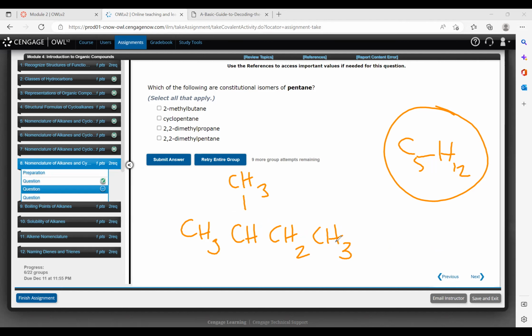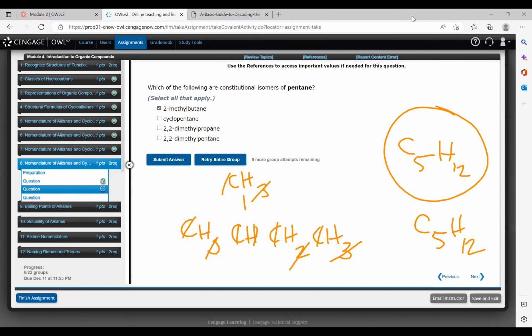And then the 2-methyl tells us that we have this guy on our second carbon. So now we want to count it out. We have 1, 2, 3, 4, 5 carbons. And we have 12 hydrogens. So this guy would work as an isomer.